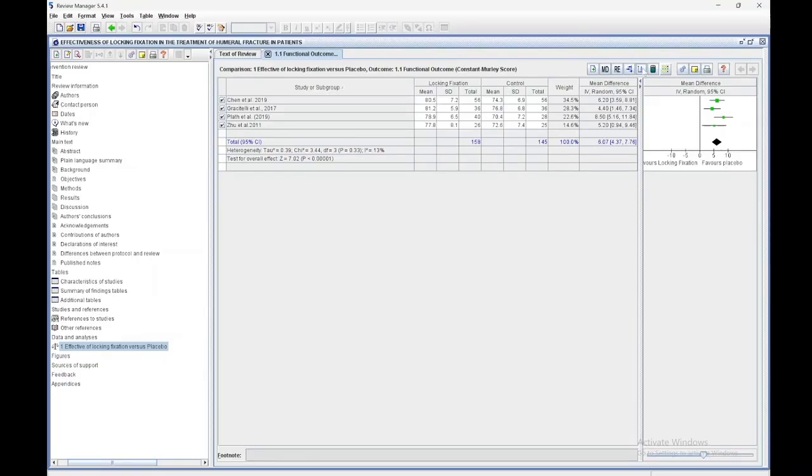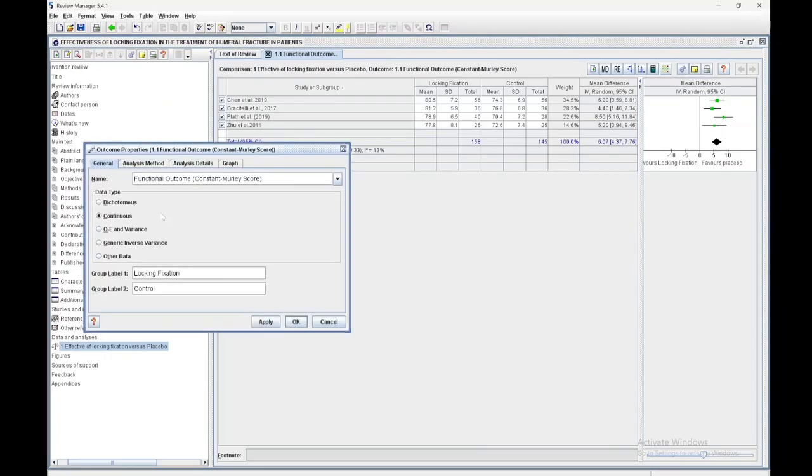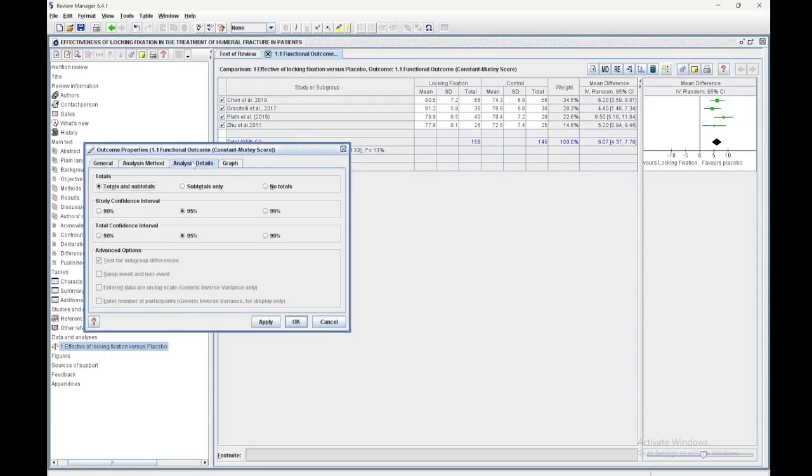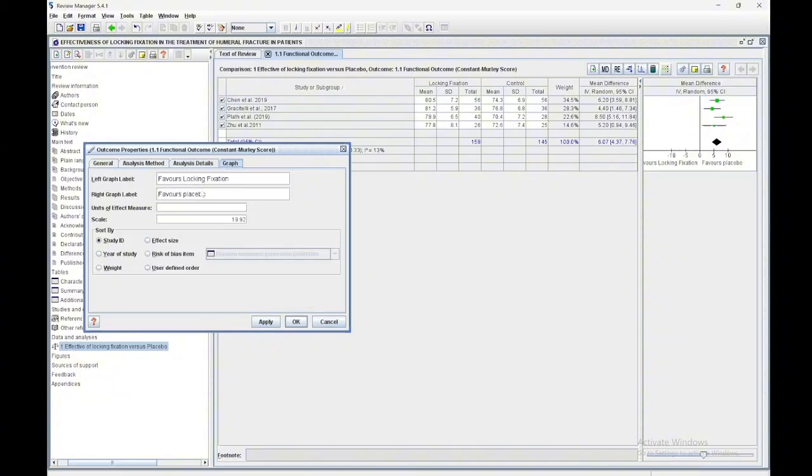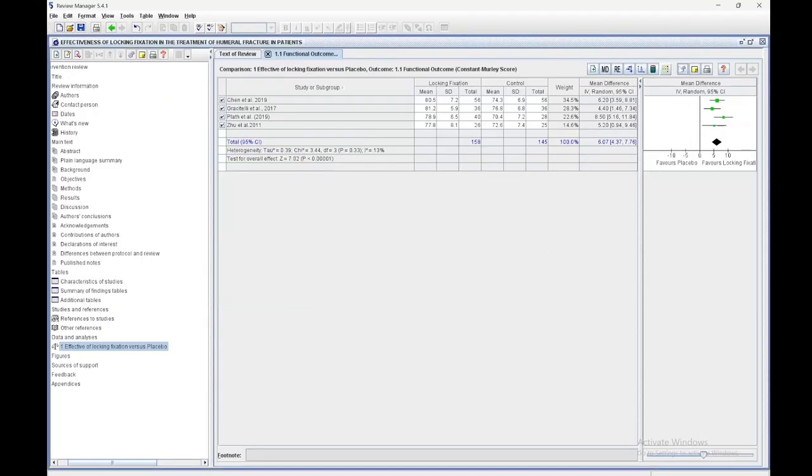So to do that, I'm going to click on settings, properties. Here I'll go to analysis details, then walk straight to graph. I'm just going to set locking fixation, and this is plausible. So I'm just going to apply these changes and say okay. So yeah, that's it.